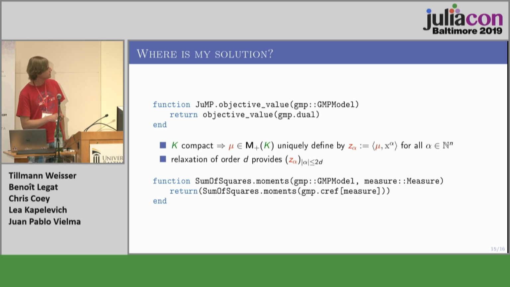So mathematically speaking, if your set K is compact, then your measure is uniquely determined by the sequence of moments. So if you know all moments, really all moments, then you know how to integrate with respect to your measure.